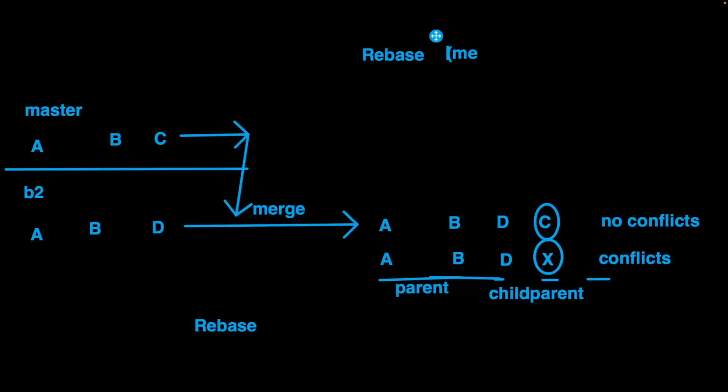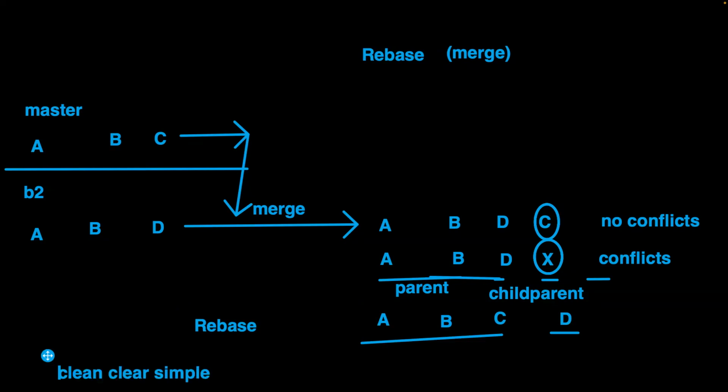It will just do the merge, integrate changes from one branch to another, but it will rewrite the log history in this order. Means first all the parent commits, like A, B, C, then the child commits. So it shows linear development, but actually parallel development is happening. If you want to keep the log clean, clear, and simple, you may go for rebase. That's where rebase comes in.